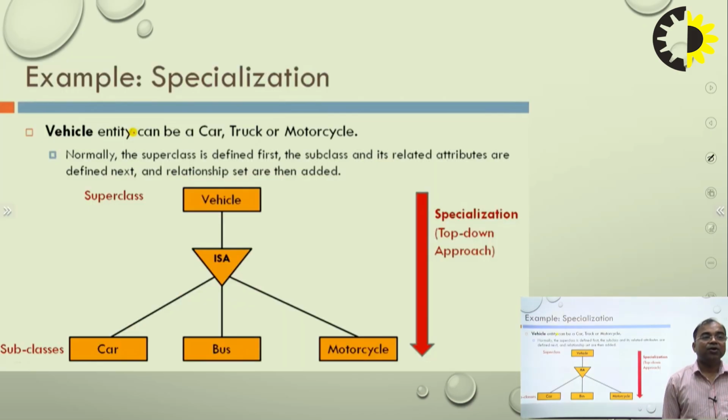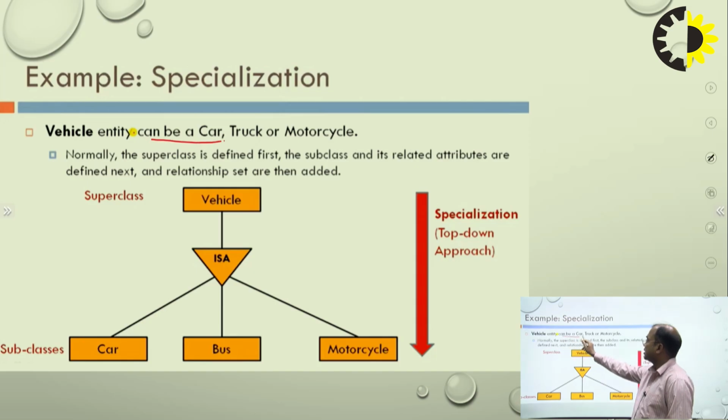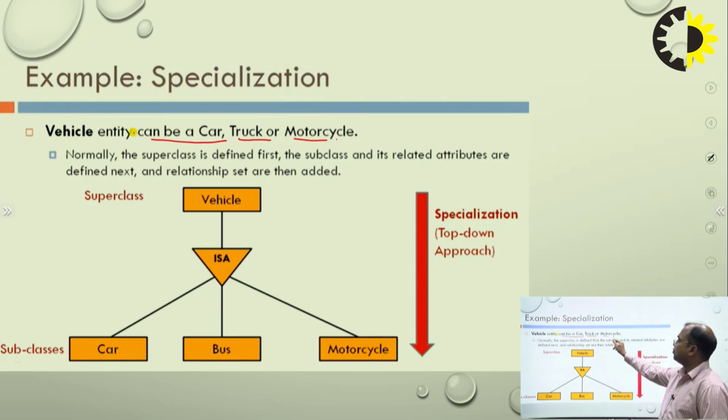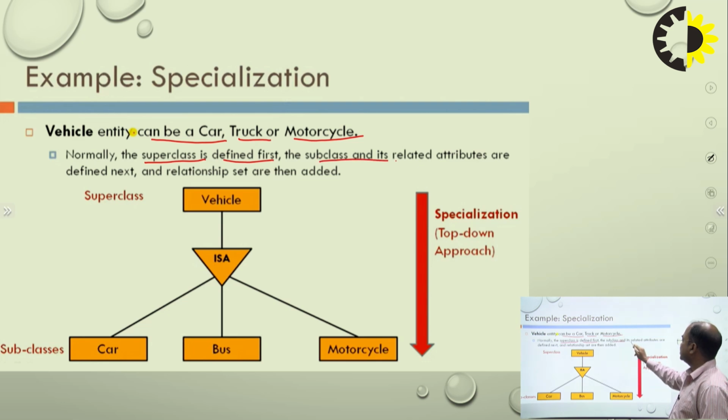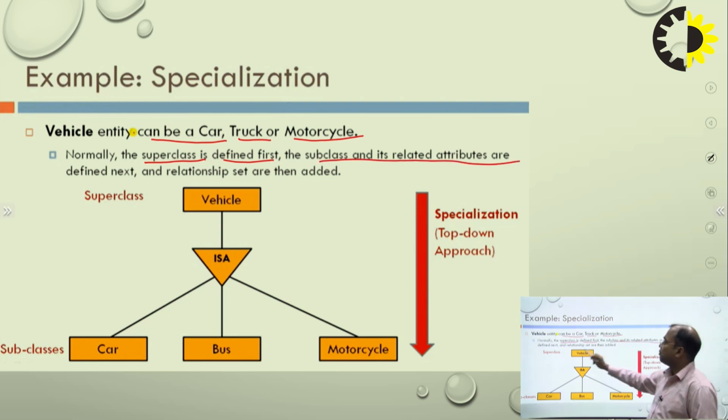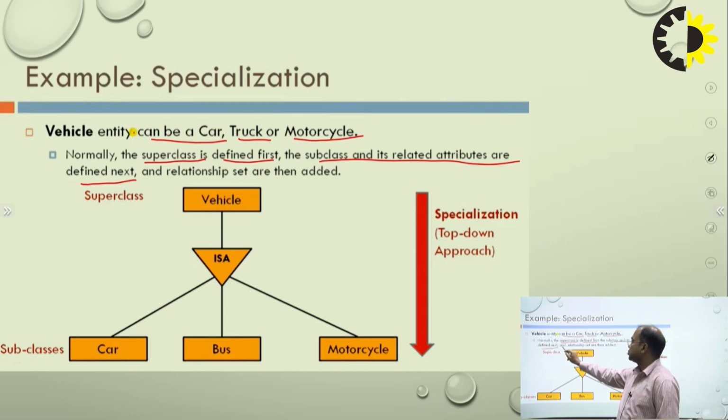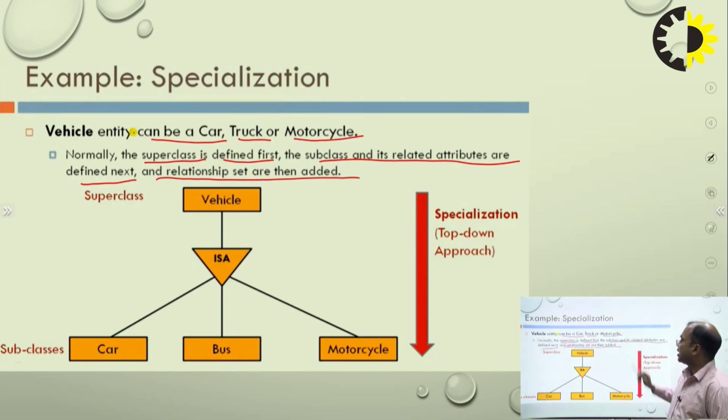Here we can see an example of vehicle. Vehicle is an entity that can be a car, a truck, or a motorcycle. So this is an "is a" relationship. Normally the superclass is defined first, then the subclass-related attributes are defined next, and the relationship sets are then added.